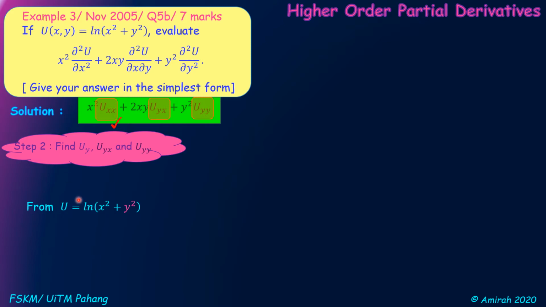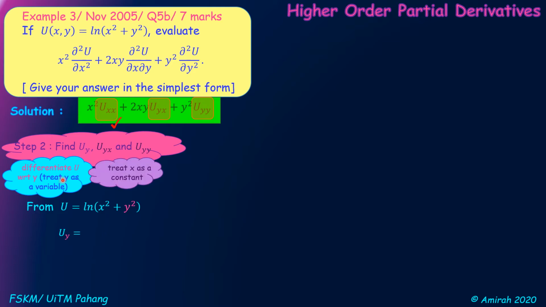Okay, u equals ln(x squared plus y squared). u_y here means we differentiate u with respect to y. We treat y as a variable and we treat x as a constant. Since we treat y as a variable, to avoid error and make it easy to differentiate, we can use variable y in different colors.